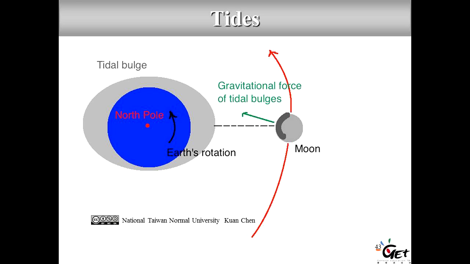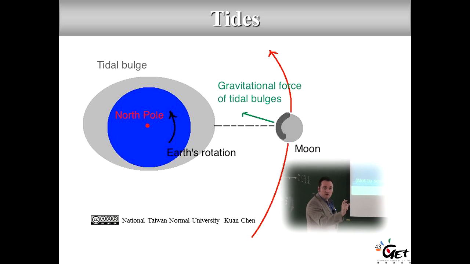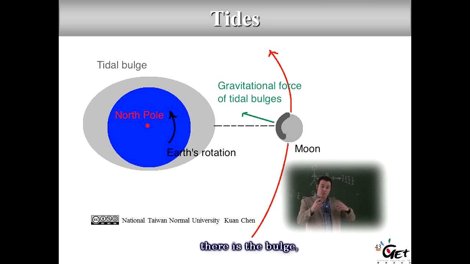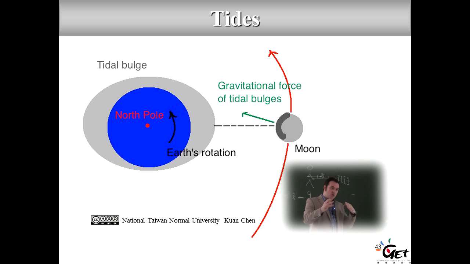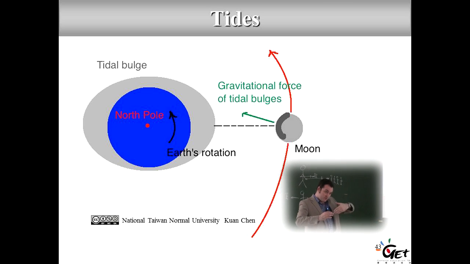The presence of the mass of Earth is higher here than here, so it has a tendency to change the rotation of the moon. If you combine those 2 effects, there is the bulge, and the bulge is rotating because of the rotation of the Earth.